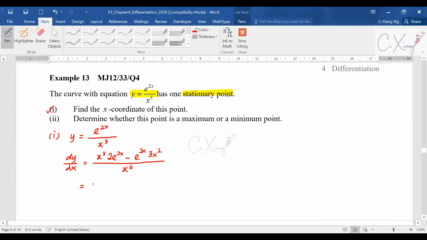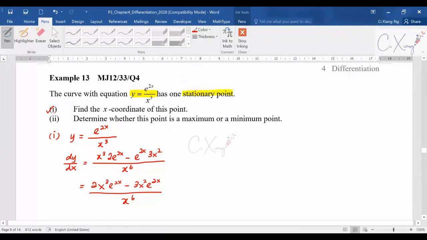Okay, if you try to rephrase it better, then you're having 2x power 3 e 2x minus 3x squared e 2x over x power 6. Okay, then next, if you want to simplify, you can simplify. But here they didn't ask you to simplify, right? So you can just keep your dy dx like this.